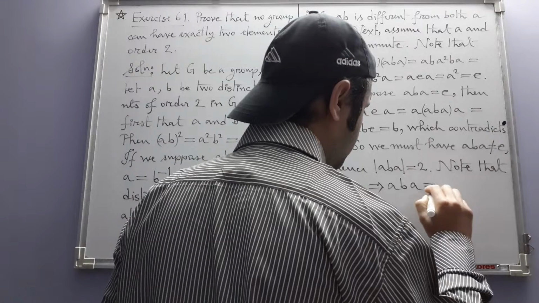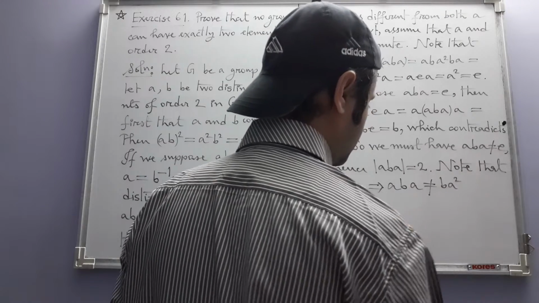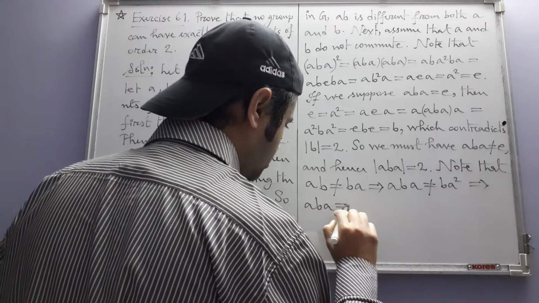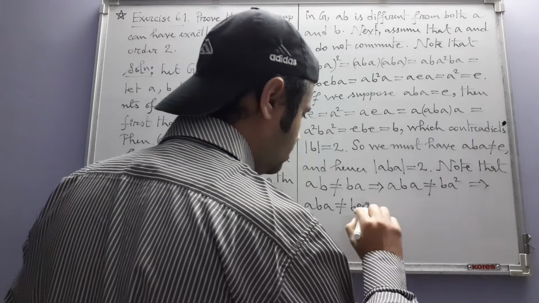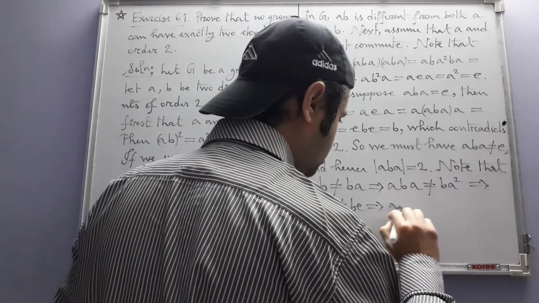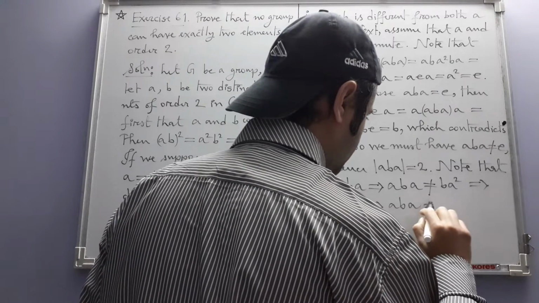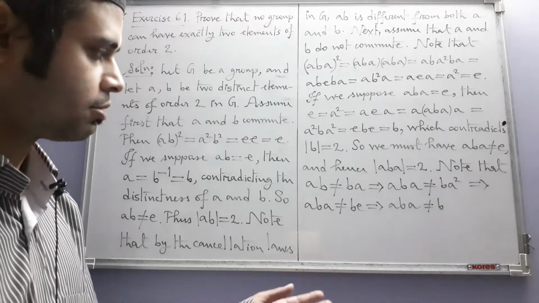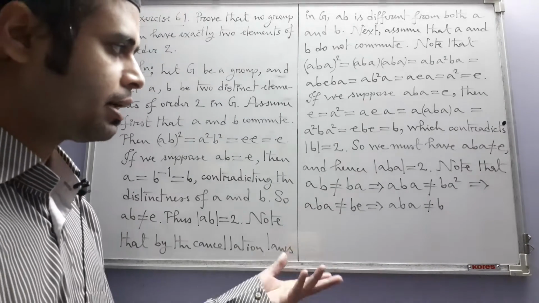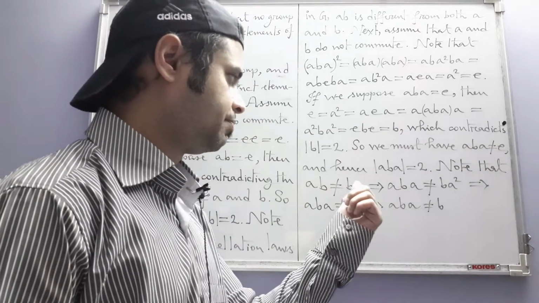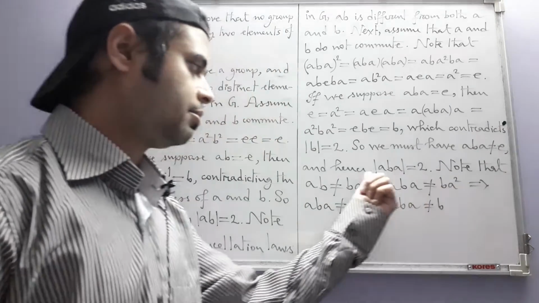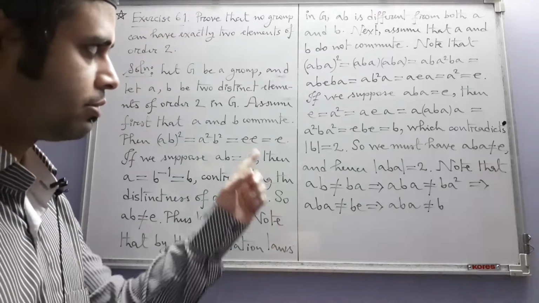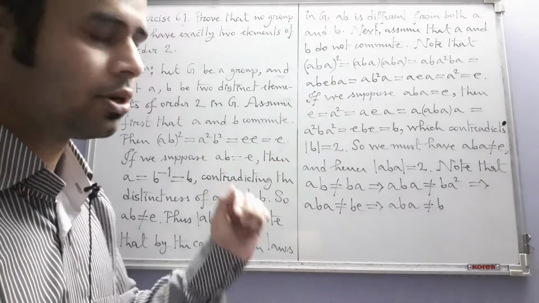So ABA is not equal to B A square, which implies ABA is not equal to BE, and hence ABA is not equal to B. If you find these implications somewhat confusing because they have inequality, you can of course suppose that ABA is equal to B, and then you can proceed and ultimately you will have AB equal to BA, which will contradict our assumption that A and B do not commute.